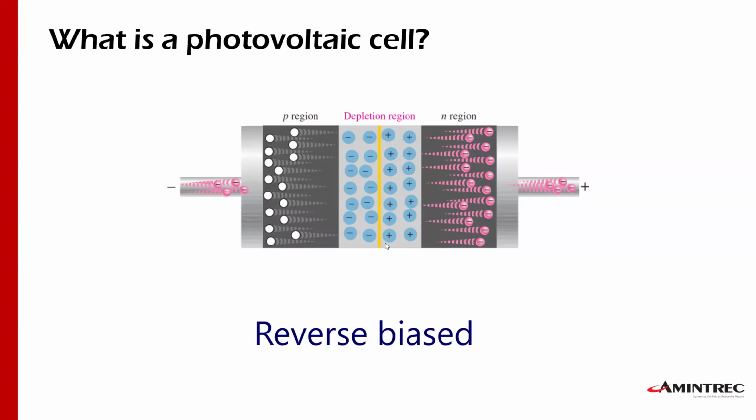We will have a very, very small current, called a leakage current, in the range of microamps, until we reach a certain level of reverse voltage that we will see in a curve so you will understand it. But this is how it's connected when reverse biased.